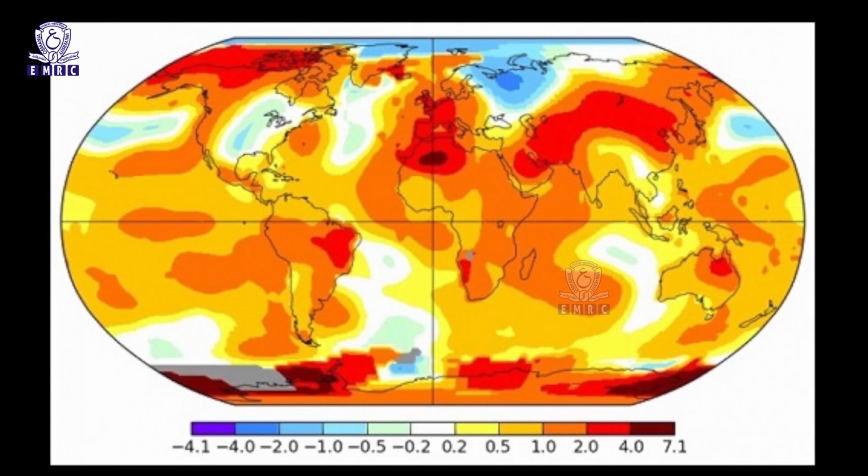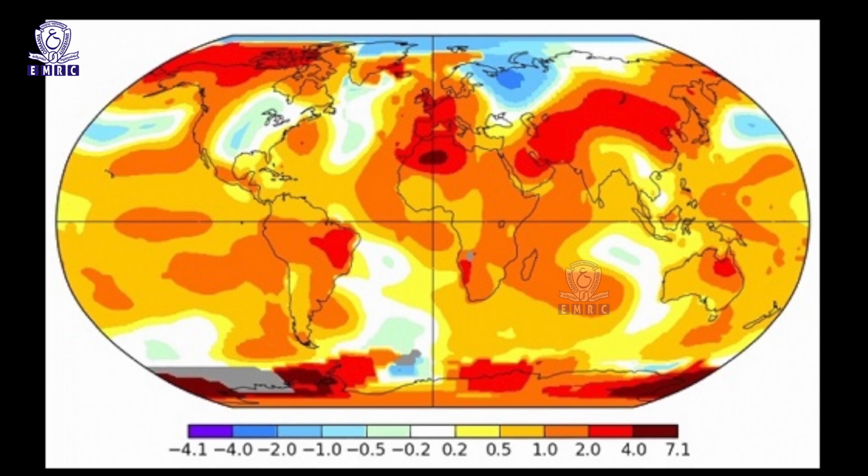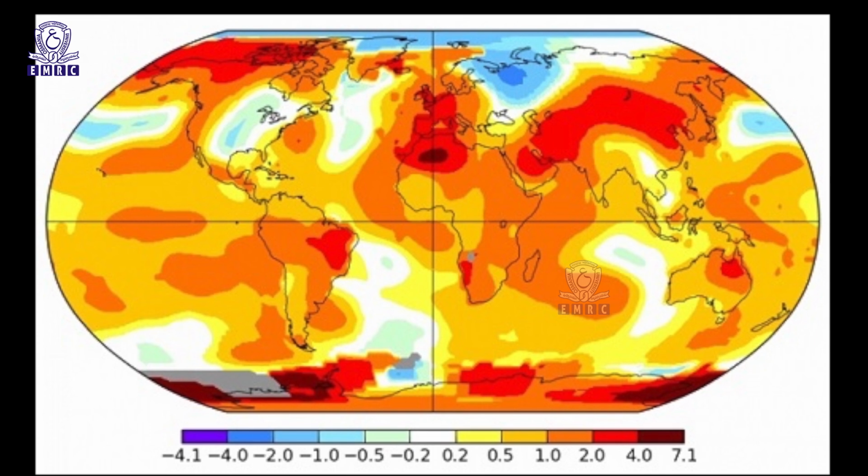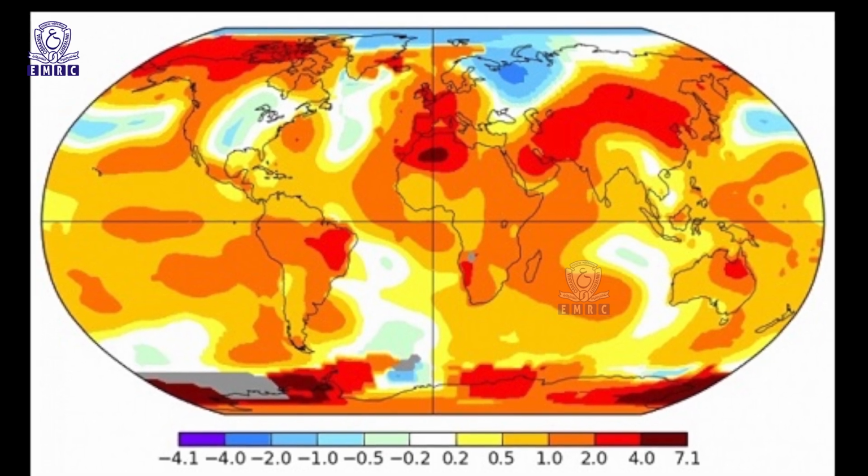The radiative forcing and global warming potential are used by the Intergovernmental Panel on Climate Change to compare the relative warming effect of gases.